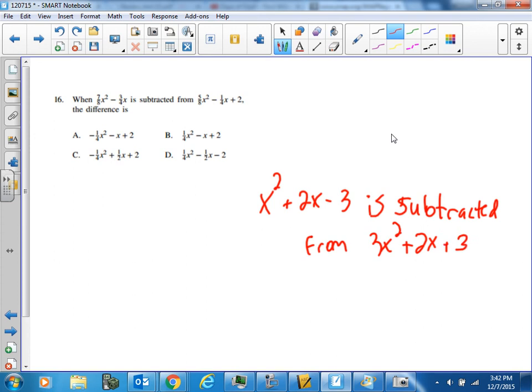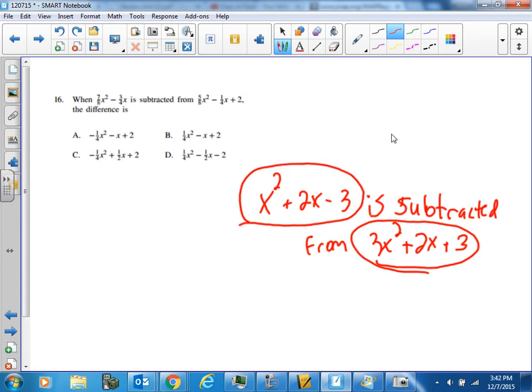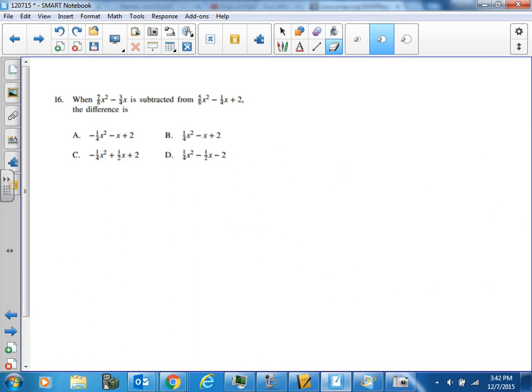The trick when it said that is you had to put this part first and then subtract this from it. That's the trick. It's the same thing on this problem. The only difference is this has fractions in it.